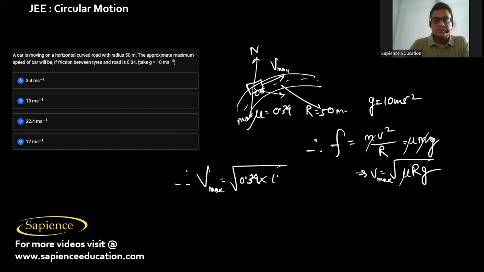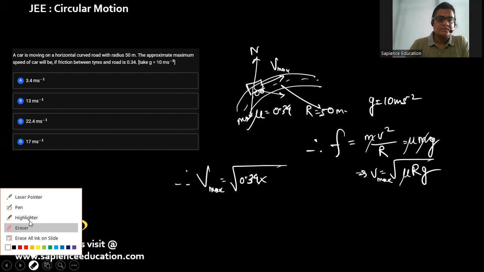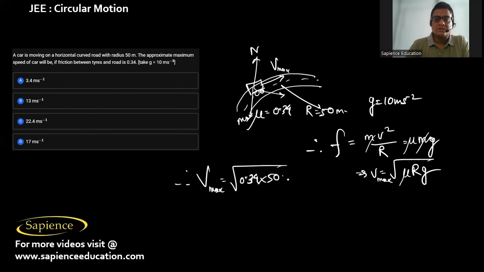R is 50 meter. Friction coefficient will be equal to 0.34. So 0.34 into 50 into g. G is equal to 10.